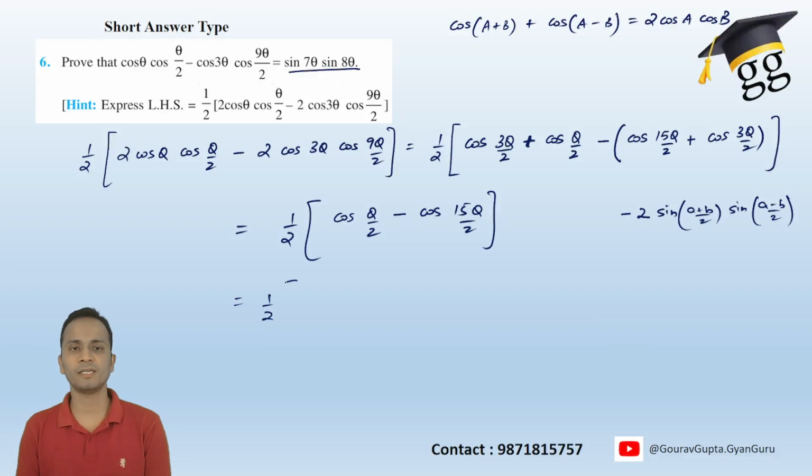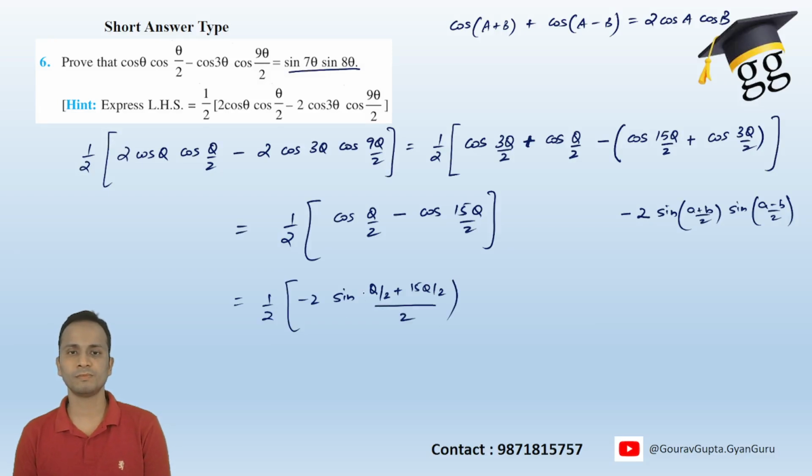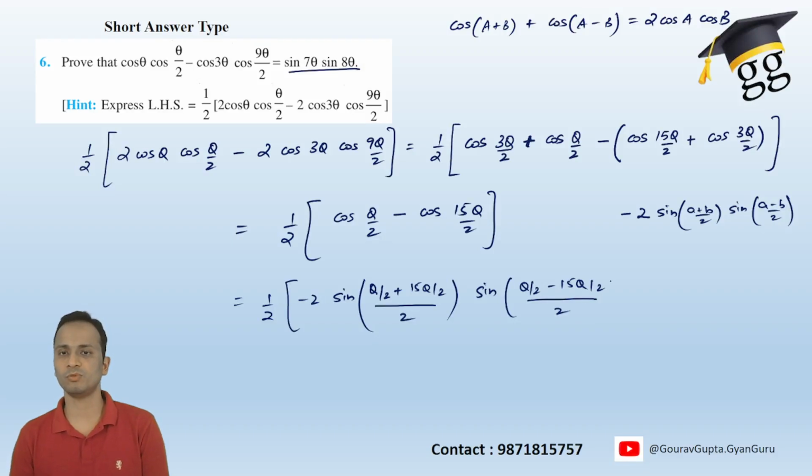So half as it is. Inside the bracket, I will have minus 2 sine (A plus B) upon 2. So (theta by 2 plus 15 theta by 2) whole divided by 2, and sine (A minus B) upon 2, that is (theta by 2 minus 15 theta by 2) whole divided by 2.